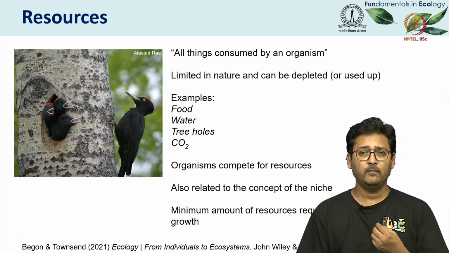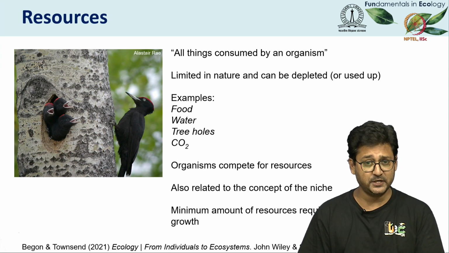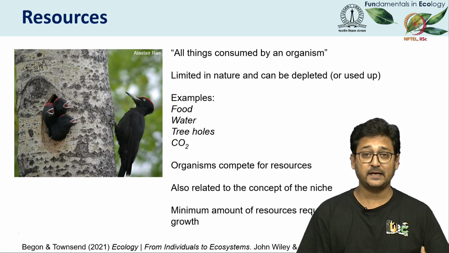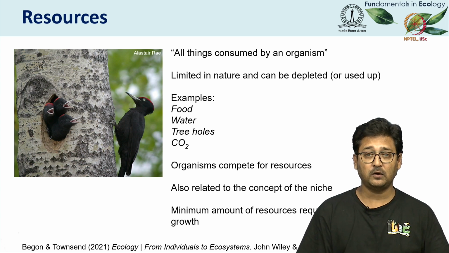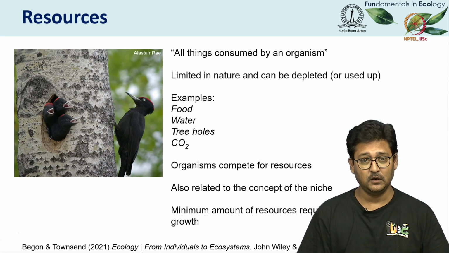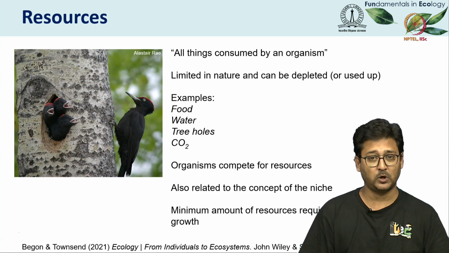So often when people talk about niches, they talk about the way in which organisms are adapted to conditions and the way in which organisms use resources. So you could say a cold adapted species or a warm adapted species as an example of its niche. Or you could say this is a plant that tolerates high salinity, or this is a plant that is more adapted towards fresh water rather than salt water.